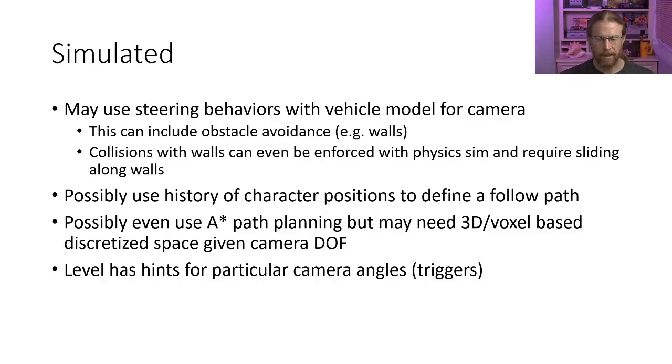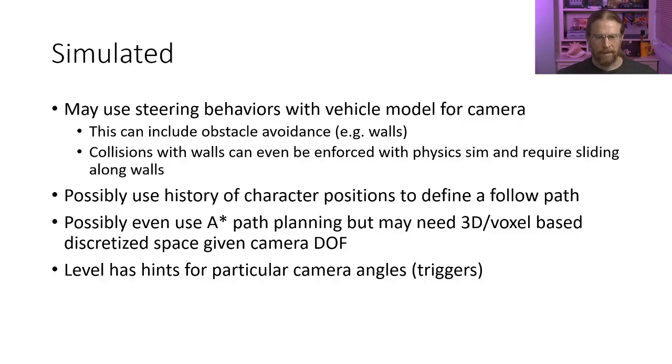So you might actually want the camera to keep a history of positions where it's seen the player, and then go to that last position, maybe even speed up very quickly as soon as the player is going out of view, so you can get around the corner and minimize any time that the character is out of view.